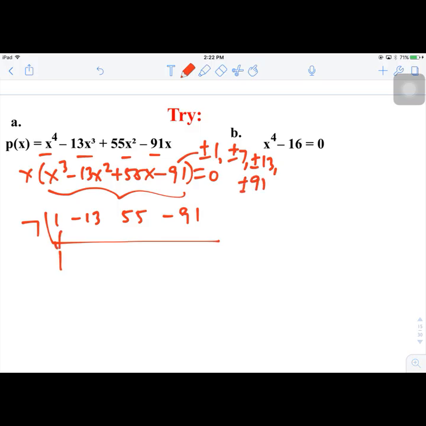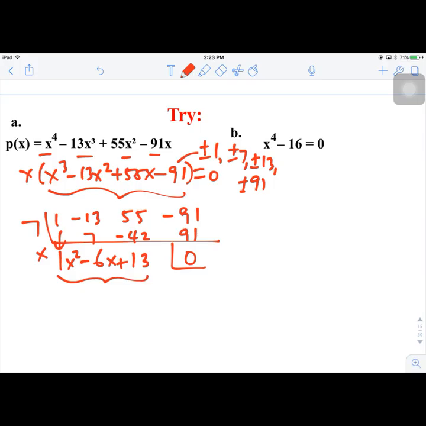So bring down the 1, multiply, and we got negative 6, and here's negative 42, 13, and we have 91. That will give us a 0 and we will have the rest of the answer as x squared minus 6x plus 13.